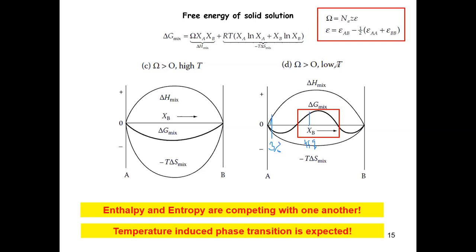But if I cool the system to this particular temperature, a demixing state is more favored, because mixing is going to increase the free energy. So there has to be a phase transformation as I cool the system from high temperature to low temperature. Something is going to happen to the system, and the stable state is going to be a demixing state. That is the first set of insights we can get from this regular solution analysis.